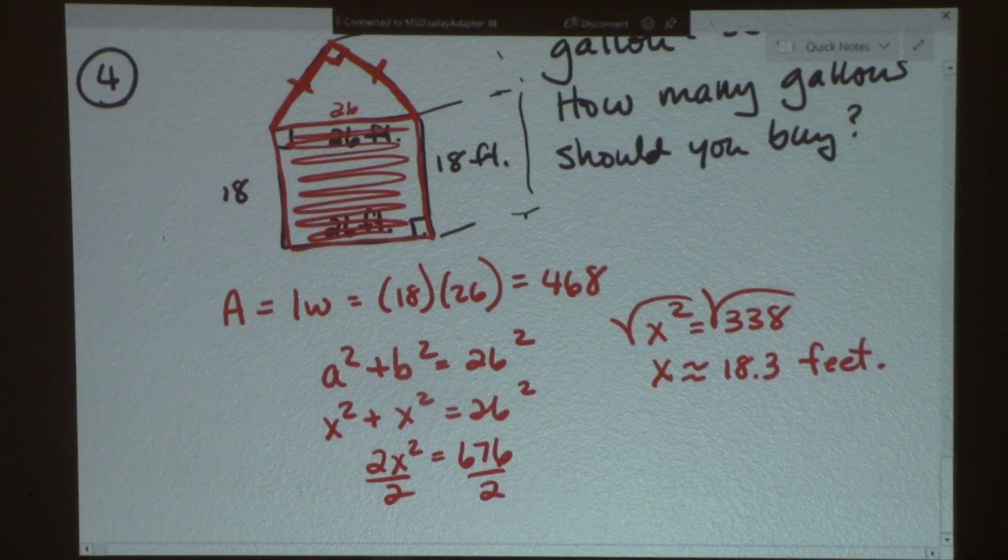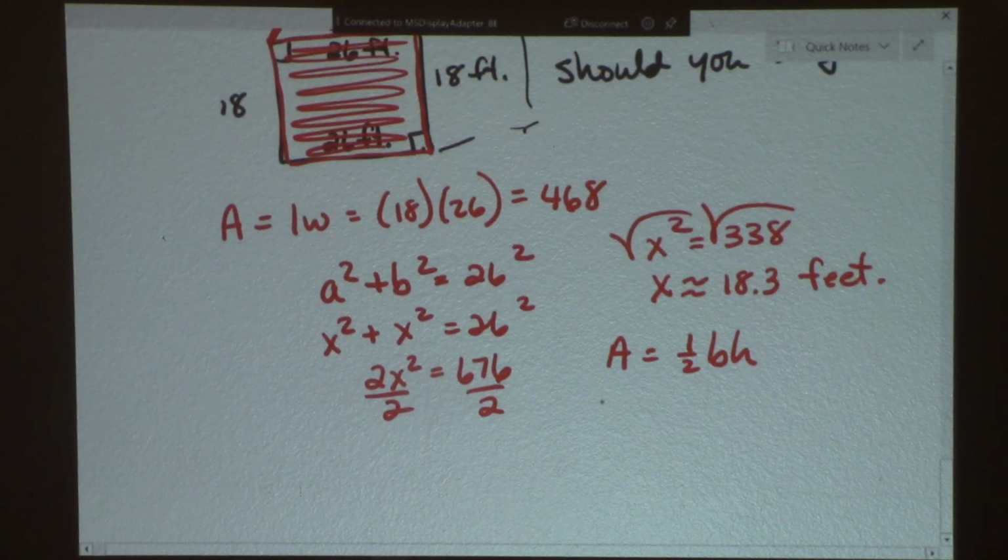All right, so the question is, how many gallons should I buy? Now, all that did was give me this length here. So let's keep going. I need the area of my triangle. So I have area is 1/2 times 18.3 times 18.3.